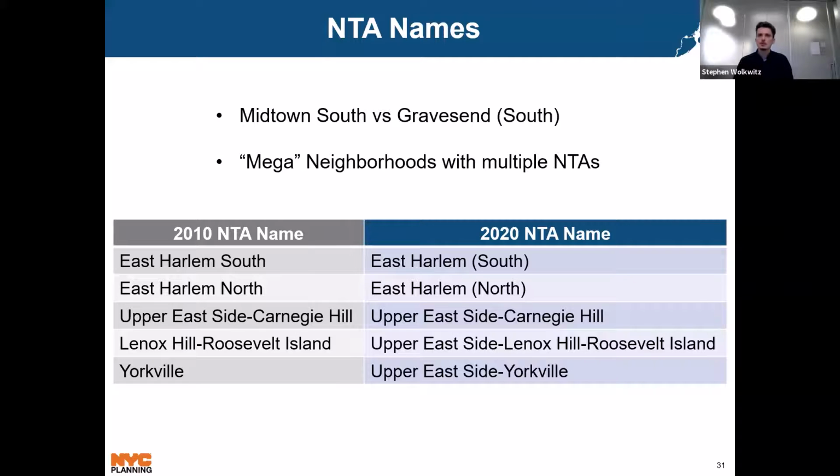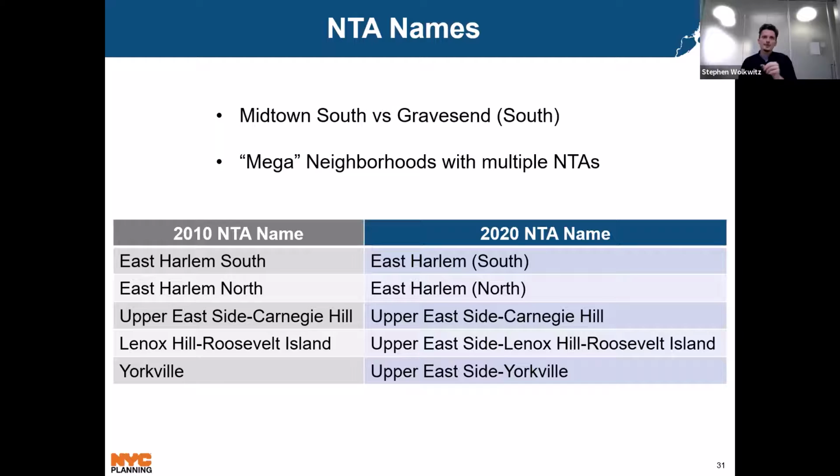Now, with some very large neighborhoods, such as the Upper East Side, also the Upper West Side, some others, that have these subsections, we had a slight issue in the past. It would not be so much trouble on a map, but if you're filtering a table or selecting from a drop-down list, sometimes a data user looking for data on the Upper East Side queries that and only gets one hit, Upper East Side, Carnegie Hill.